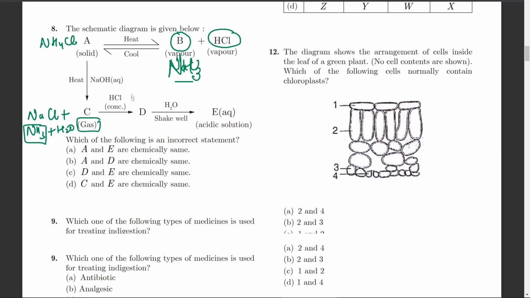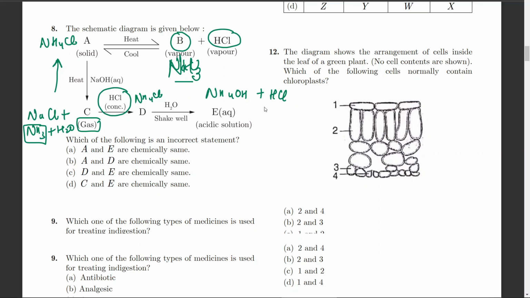Now, when you add hydrochloric acid to ammonia, what is going to happen? Again, the reverse reaction is going to happen. You will get NH4Cl. D is ammonium chloride again. And then when you add ammonium chloride to water, you are going to have ammonium hydroxide plus HCl.